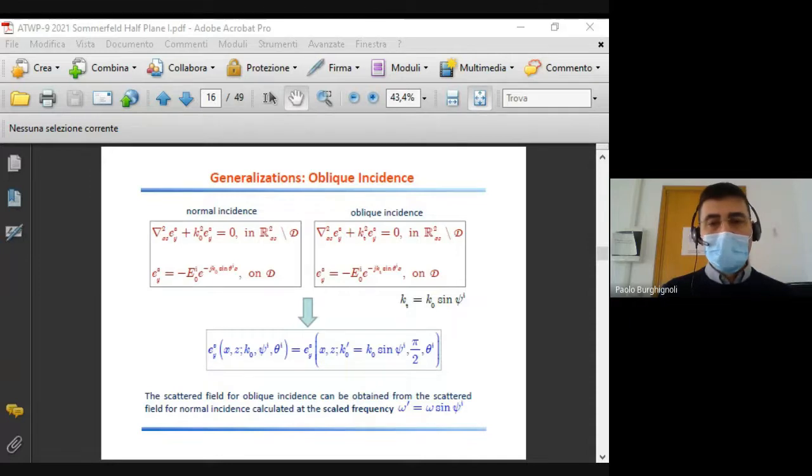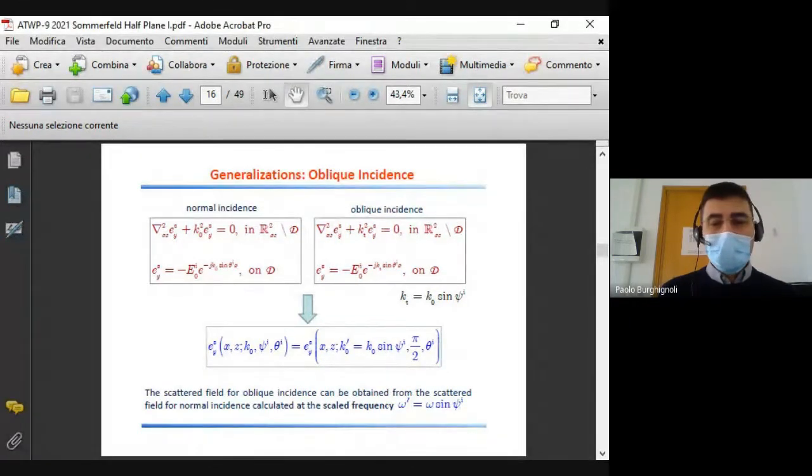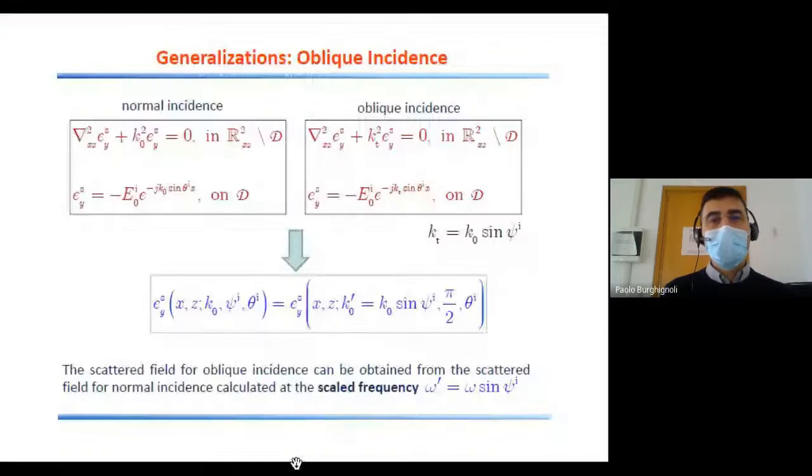What I was saying is that if you compare the problem for normal incidence with that for oblique incidence on the right, in which you have again the two-dimensional Helmholtz equation for the scattered part of the field.